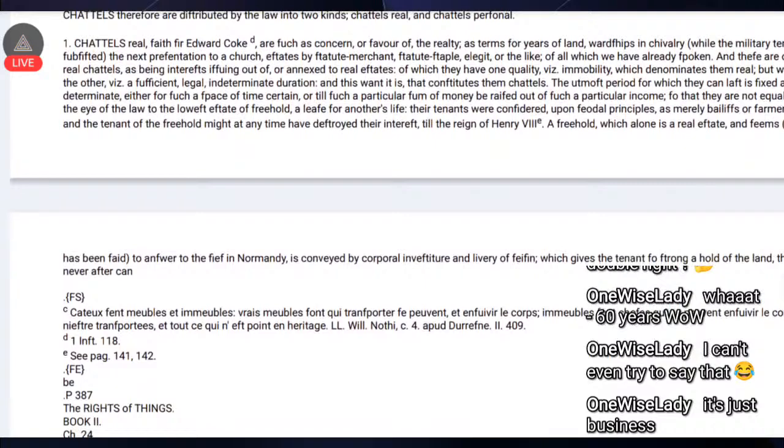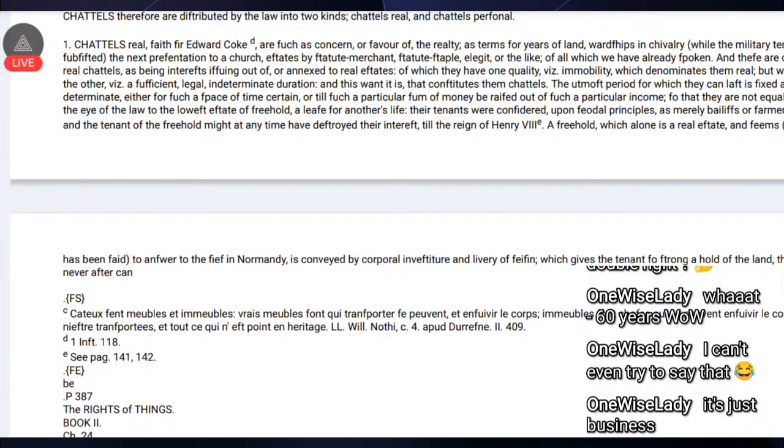Chattels real, saith Sir Edward Coke, are such as concern or savor of the realty, as a term for years of land, wardships in chivalry while the military tenures subsisted, the next presentation to a church, estates by statute merchant, statute staple, elegit, or the like, of all which we have already spoken.